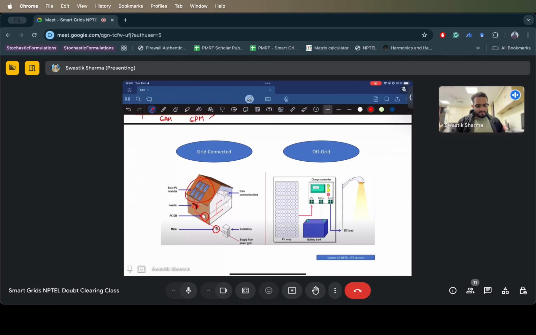Personally, I'm not in favor of off-grid solutions. It's because, at least in Kanpur, I've seen many times, inside IIT Kanpur only, it's dusty, right? We are a developing nation, and there's a lot of dust everywhere.